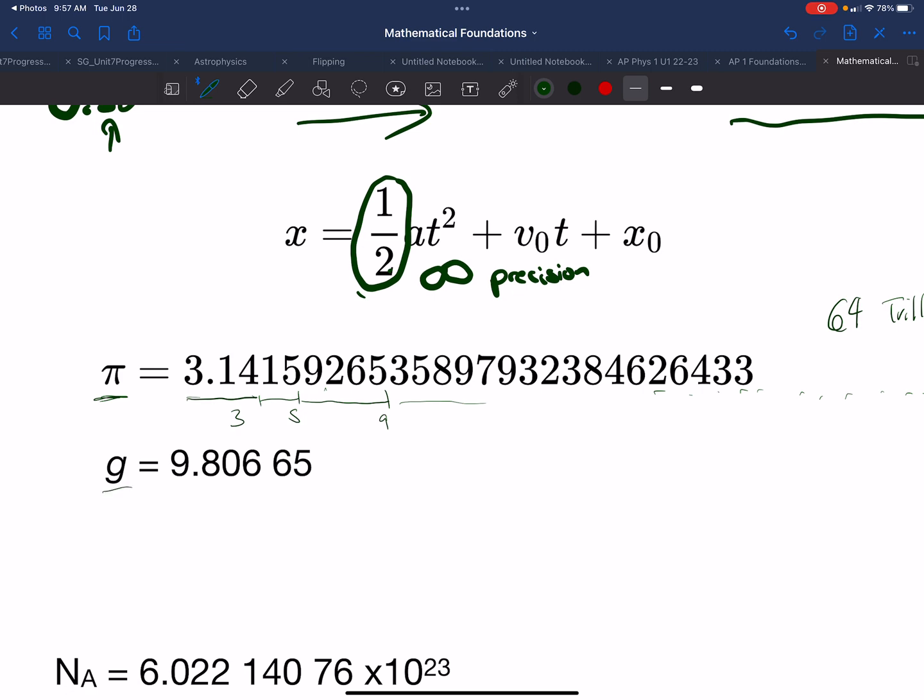Similarly, there is this value g. It's called the gravitational field strength. How strong the Earth's gravity is at the surface of the Earth. Now, this number is generally taken to be this number, which has 6 significant digits. We very often, however, will use 9.8067 or 9.807 or 9.81 or 9.8 or 10.